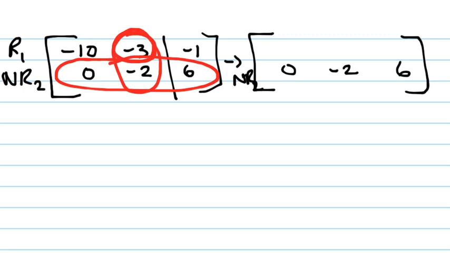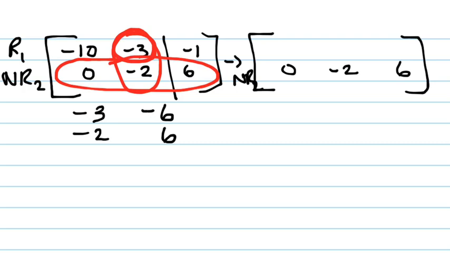So the numbers I'm using are negative 3 and negative 2. Well, negative 3 and negative 2 are not opposites. The opposite of negative 3 is positive 3. I can't turn a 2 into a 3. Now, I could, but it uses a bunch of fractions, and I don't want that. So instead, I know I can turn a 2 and a 3 into a 6, right? But I need one of them to be negative and the other to be positive.